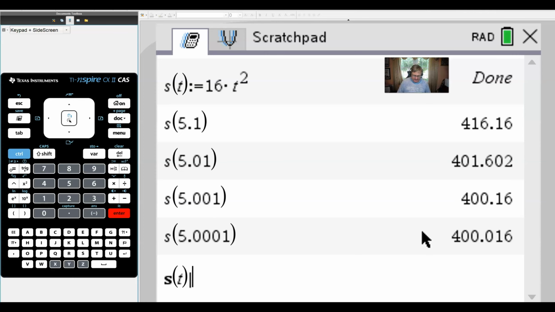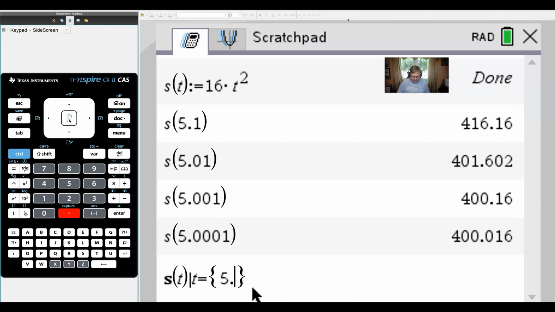And then I can just say, okay, let's let t equal all 3 of these values, 5.01 all the way down to 5.0001. Now, here's the trick. These values you have to put in a certain grouping symbol called a brace. And the braces are found by going into the right parenthesis, noting what's above it, and hitting Control right parenthesis.